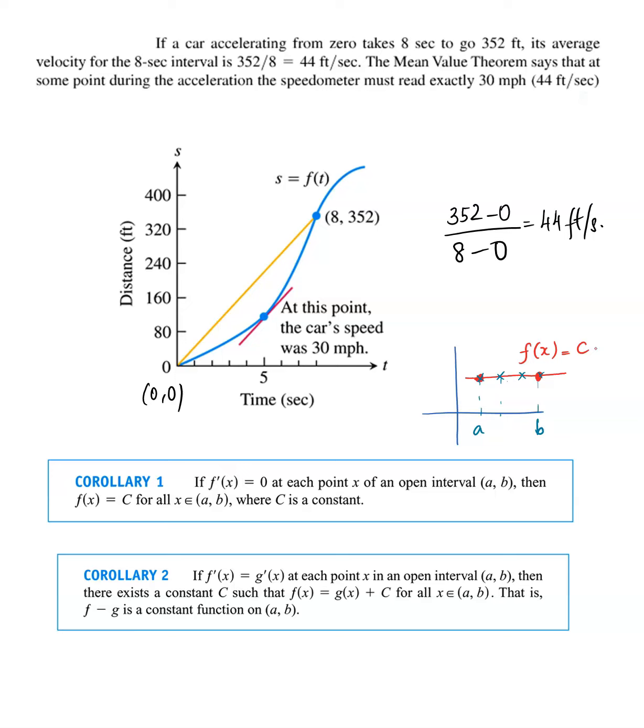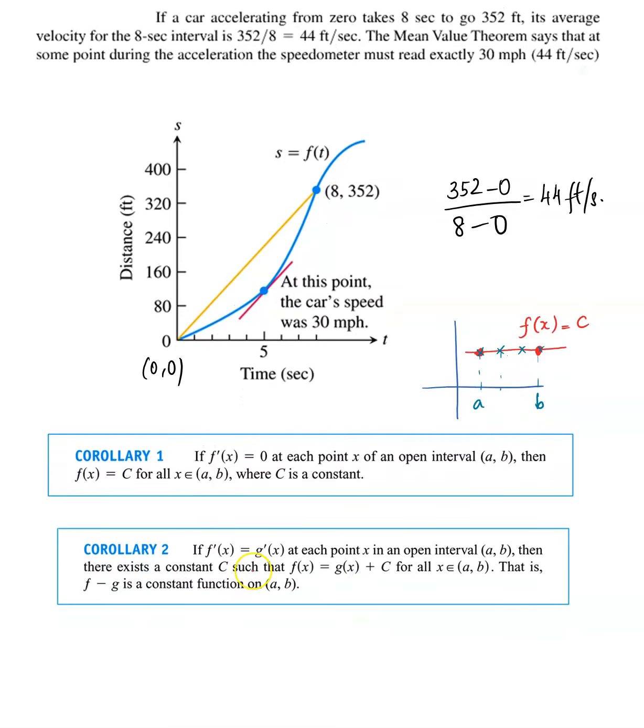Okay. Now, corollary 2 states that if f prime of x is equal to g prime of x, like we saw in the mean value theorem, okay, if you have two slopes that are equal coming from two different functions, if the slopes of two different functions are the same, then those two functions must be separated by a constant. Okay.